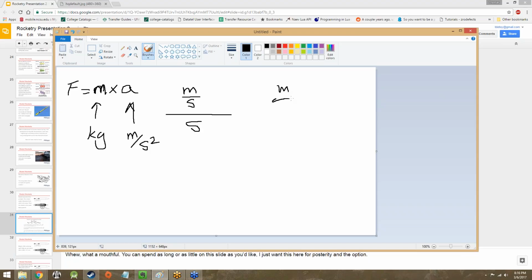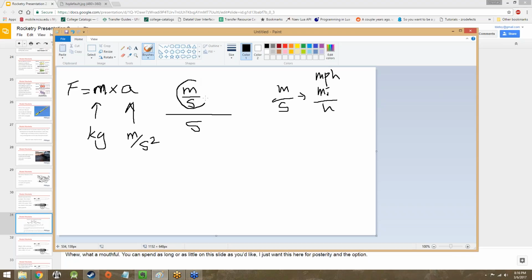Meters per second is simply speed. We're generally very familiar with speed expressed in miles per hour. So meters per second is simply a unit of speed.